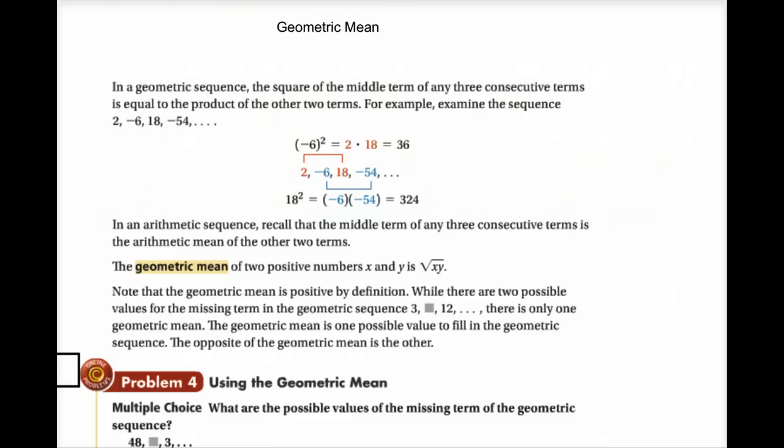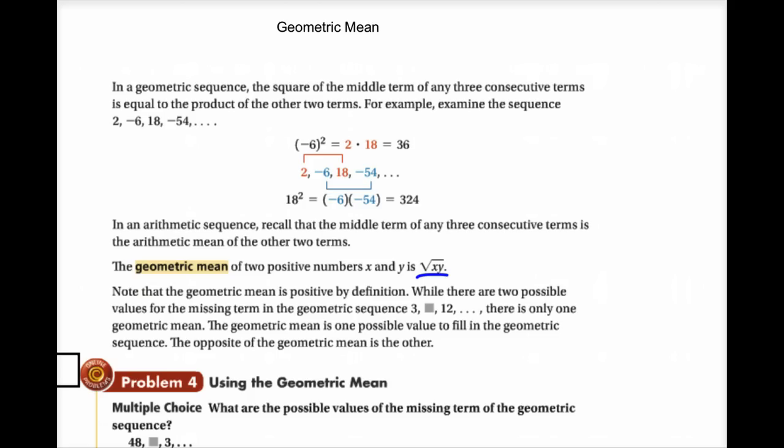Okay, and last one. Read through this. Essentially what we got going on here is we're going to be finding a geometric mean to fill in spaces in a geometric sequence. Geometric mean is different than arithmetic mean. Arithmetic mean is add 2 things and divide by 2.